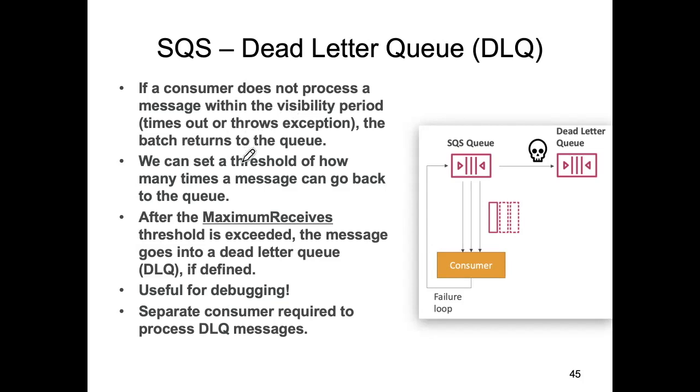However, we can set a threshold for how many times the message is put back into the main queue. And in the case of the Lambda, when it's a Lambda consumer, this property here, maximum receives, is the number of times that you're saying a faulty batch can be put back into the main queue.